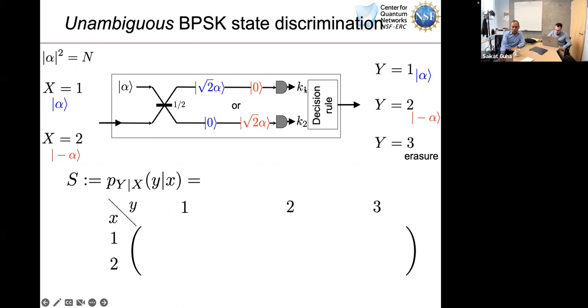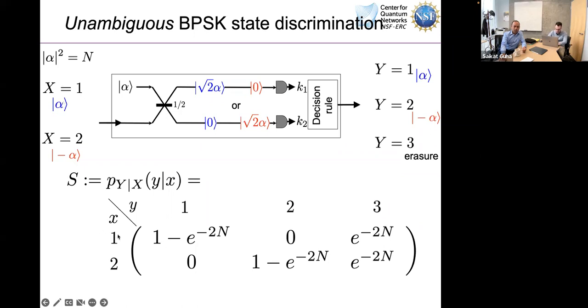Now, if this detector clicks, generates one or more clicks, you have to have had the blue hypothesis. There is no way the red hypothesis would have generated a click because there is no light here. And if my input x, where x equals 1 and 2, I'm just denoting my input to be alpha or minus alpha.